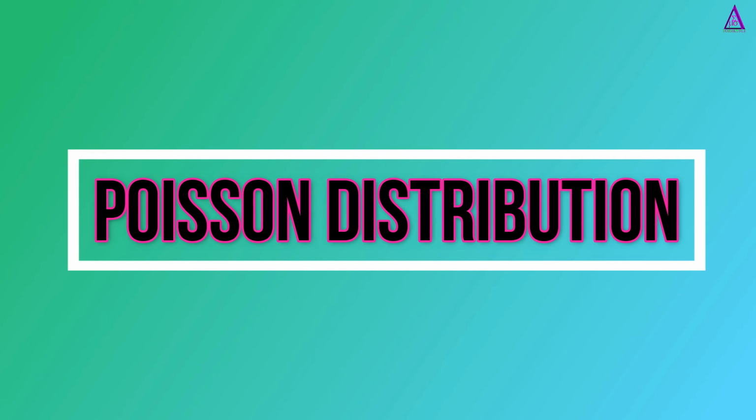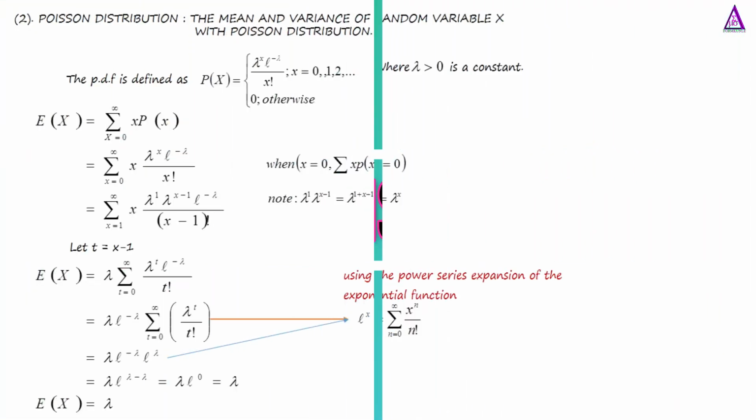Now, Poisson distribution. We want to show how to prove the mean and variance of the Poisson distribution. The probability distribution function of Poisson is this. Following the same steps as in binomial, we put the value of the PDF into it and expand it, expanding the factorial side.